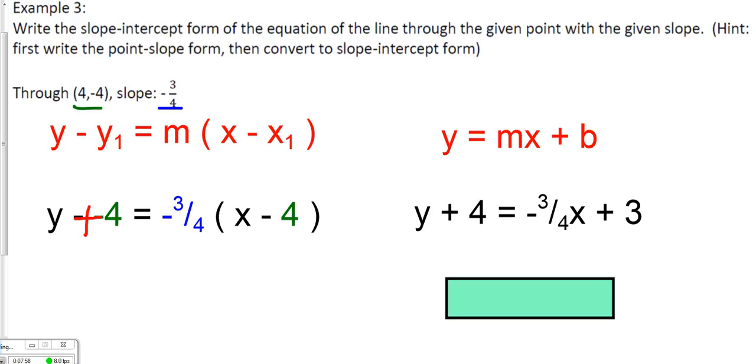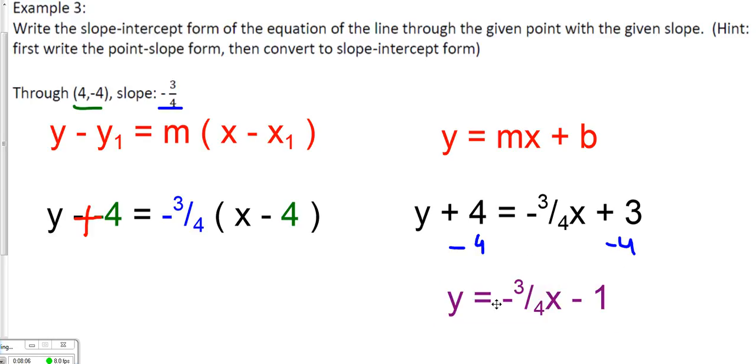Now to get y alone, we subtract 4 from both sides. And we are left with y equals -3/4 x minus 1. And now it is put into a slope-intercept form. We started with the point and the slope. We got it into a slope and an intercept form.